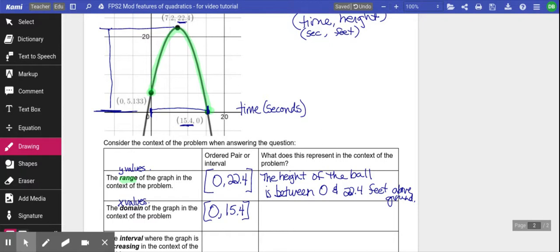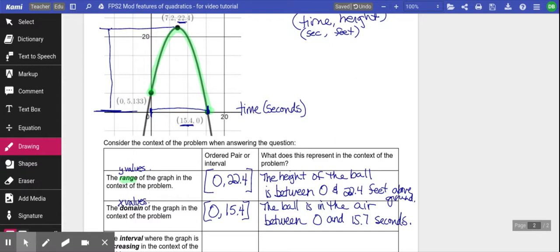So interpreting what that means, the ball is in the air between 0 and 15.4 seconds. And when you're providing your description of what these intervals mean in context, you want to make sure to include your units.